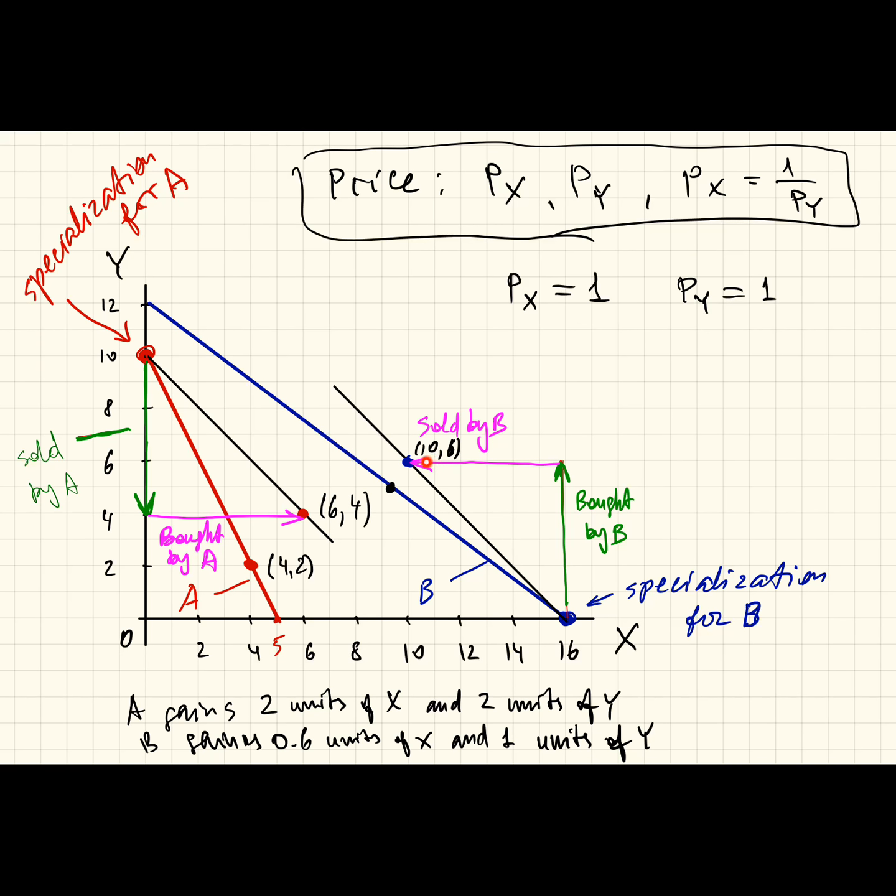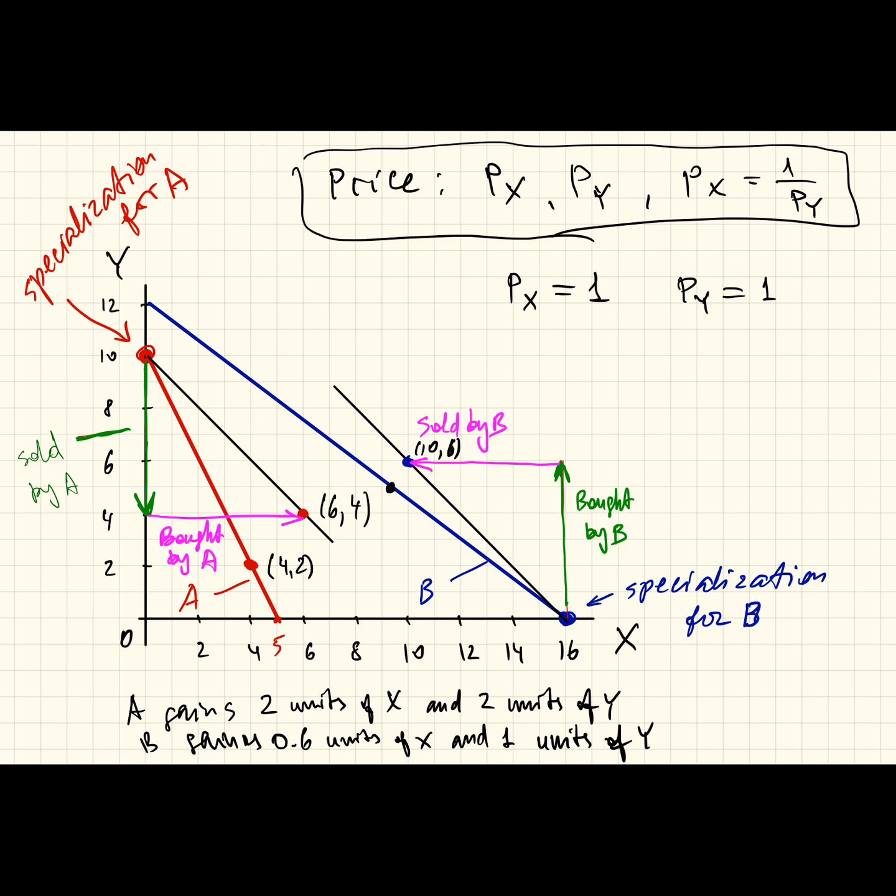Person B, after going up while receiving 6 units of good Y from person A, is going to move leftward because he has to give up some of his production of good X, specifically 6 units. So that will take him to 10 units of good X, right? Because he had 16, minus 6 is 10. And of course, he got 6 units of good Y from person A. So 10, 6, that's his consumption bundle now.